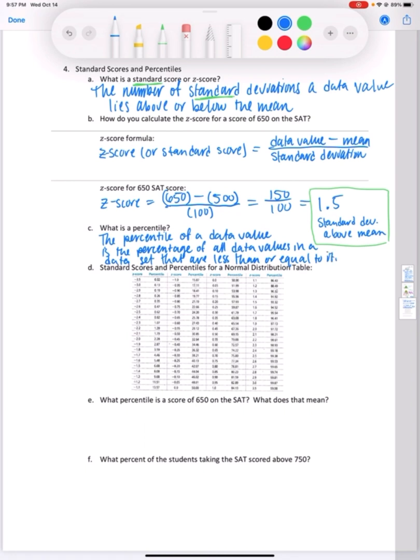So percentile is a percentage that has more to it.